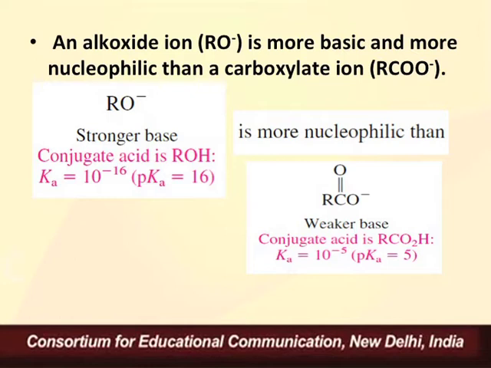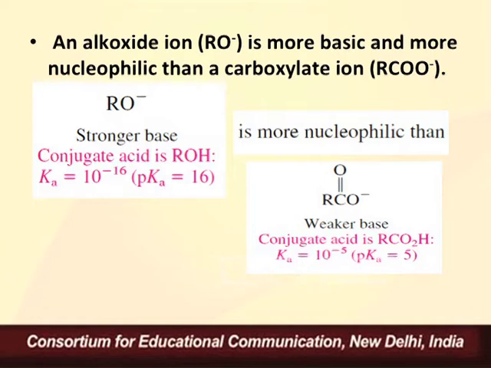Whereas in case of carboxylate ion, the negative charge on oxygen is delocalized over the carboxylate group because of resonance. Hence, it is a weaker nucleophile when compared to alkyl oxide ion. As long as the nucleophilic atom is the same, the more basic the nucleophile is, the more reactive it will be.